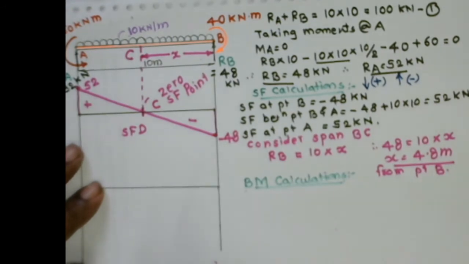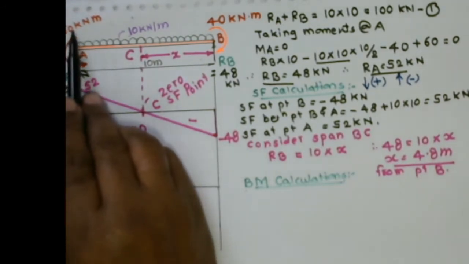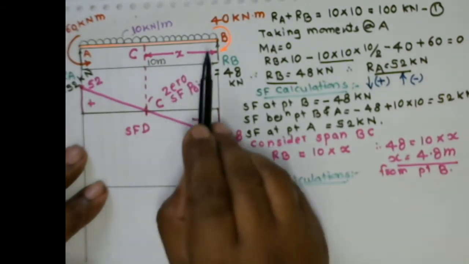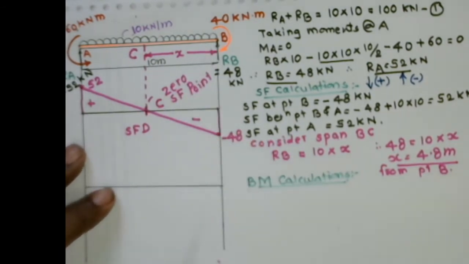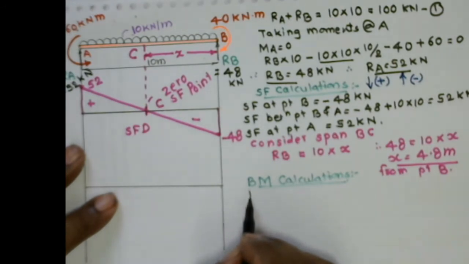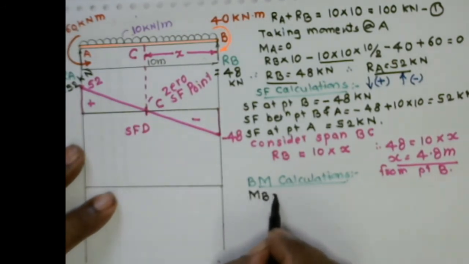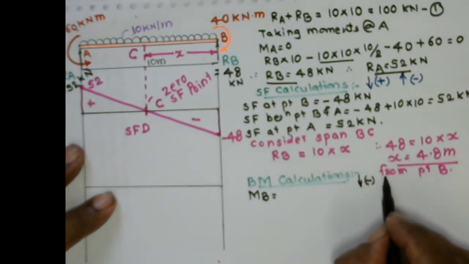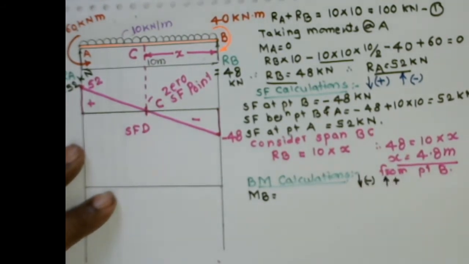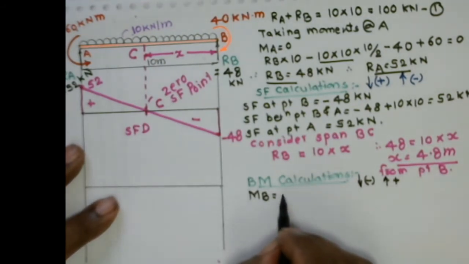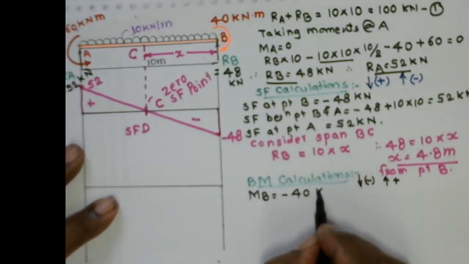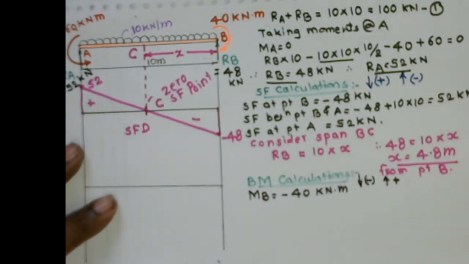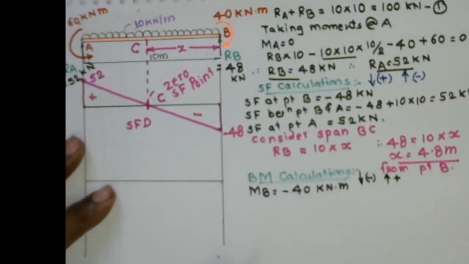But in this numerical, at point A a 60 kilonewton meter moment is itself acting, and at point B again a 40 kilonewton meter is acting. So we have to write the bending moment at point B. As per our sign convention, downward force negative, upward force positive, clockwise moment negative, anti-clockwise moment positive. So 40 kilonewton meter is acting in the clockwise direction, so minus 40 kilonewton meter moment is acting at point B.